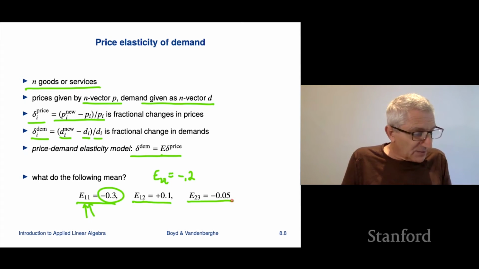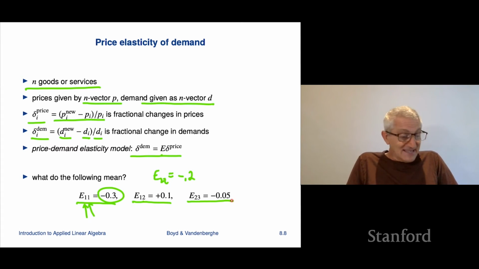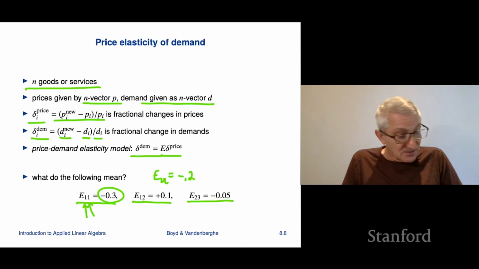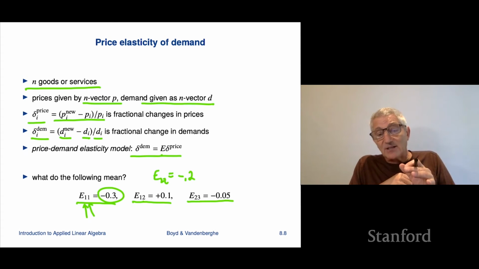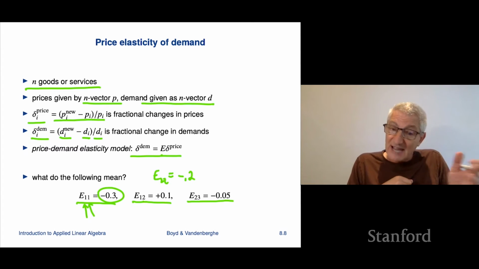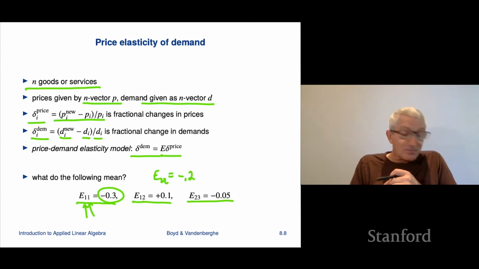Here's one. E23 was minus 0.05. That tells you that if you increase the price of good 3, then the demand for good 2 goes down. And it's quite specific about how much it goes down.